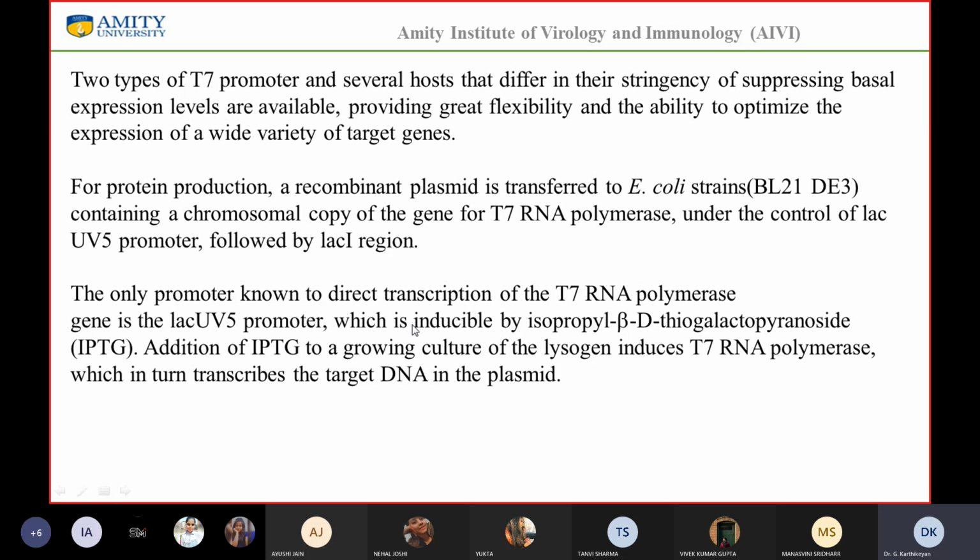And this promoter is inducible only by IPTG, not by anything else. Okay, so lactose is another option, but we don't use lactose. So the addition of IPTG to a growing culture of this BL21DE3 induces T7 RNA polymerase, which in turn transcribes the target DNA in your PET plasmid.